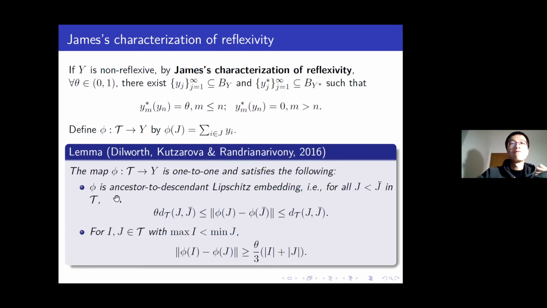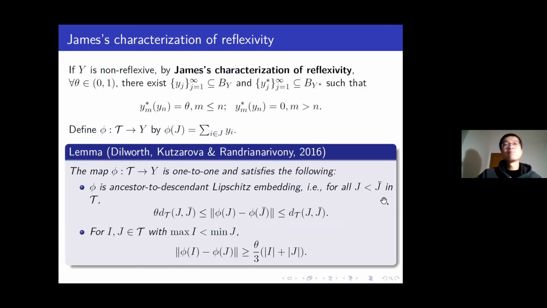The first one is phi. Of course, this phi cannot be a Lipschitz embedding, but the first property of phi is that it is an ancestor-to-descendant Lipschitz embedding, meaning that you have the Lipschitz embedding inequalities only for those vertices that have this ancestor-to-descendant relation.